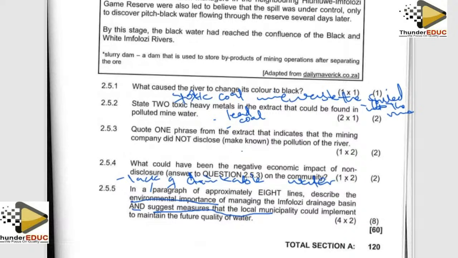It's going to be important environmentally because it will help to preserve or conserve the aquatic life. If it is well managed, it will help to conserve the aquatic life that will be found there.